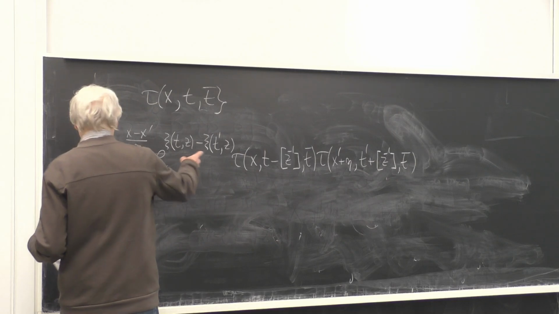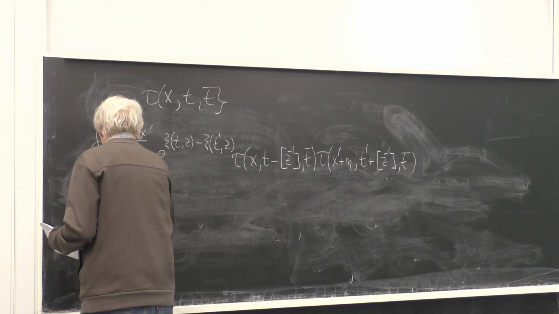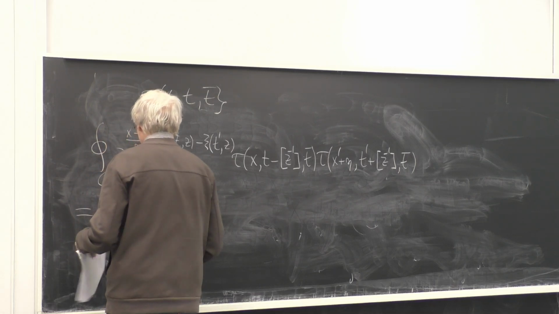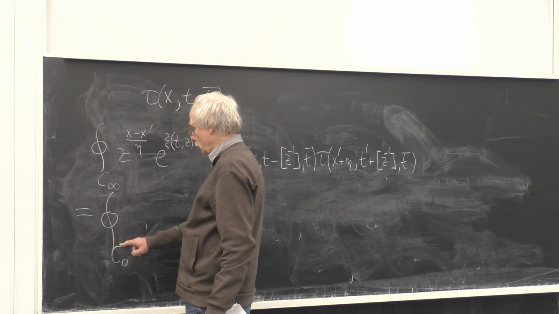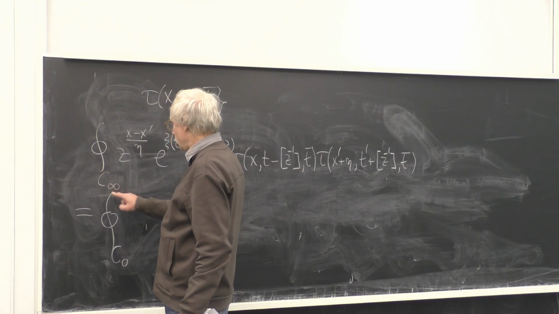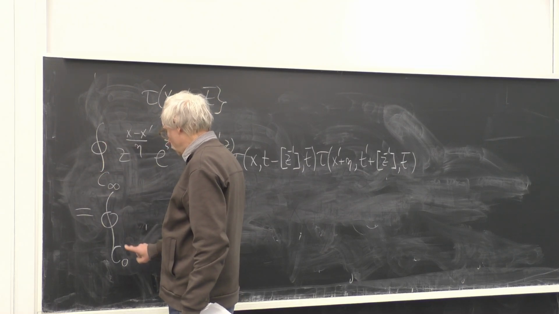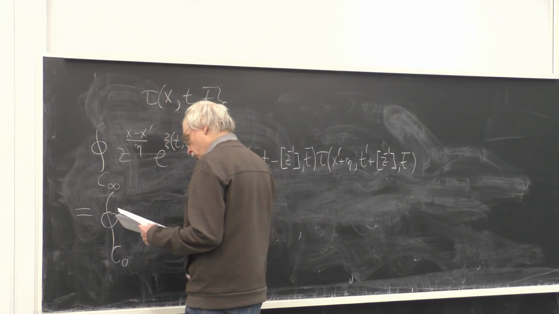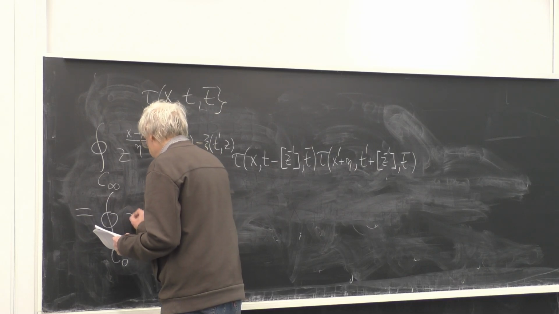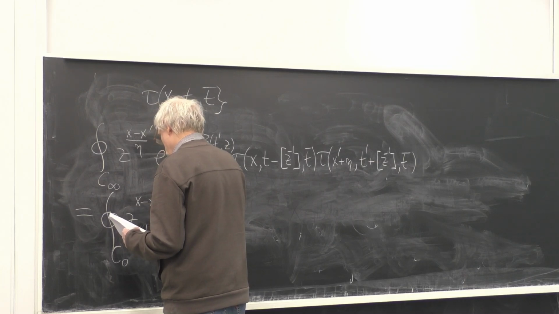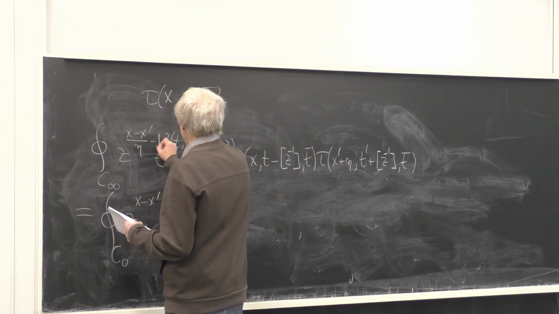This is the left-hand side, and on the right-hand side you have an integral. This is a big contour around infinity, and this is a small contour around zero. Excuse me, here is -1.